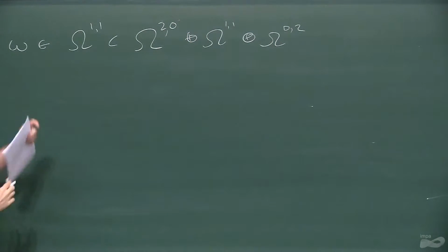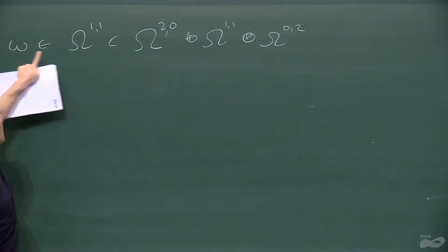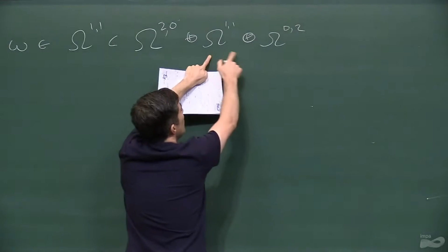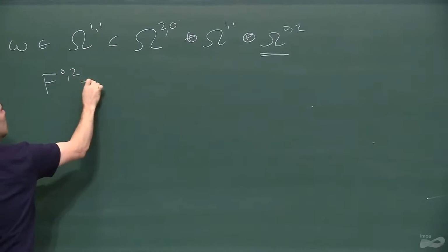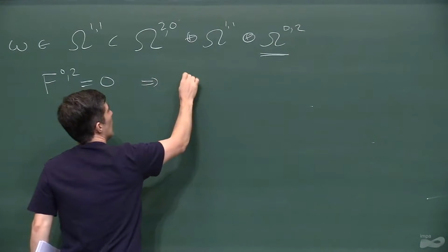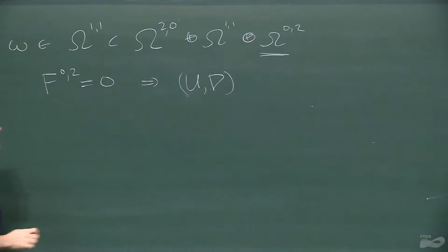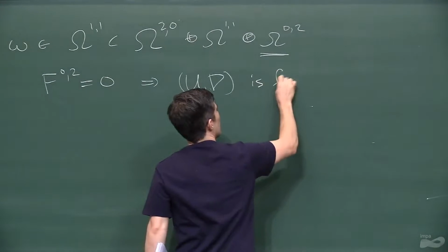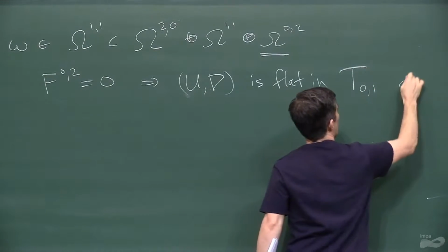Okay. And you notice that the curvature is not 0, but the component of the curvature in 0,2 is 0. So this means that L, or this bundle with connection, is actually flat, but only in certain directions. In the T01 direction.